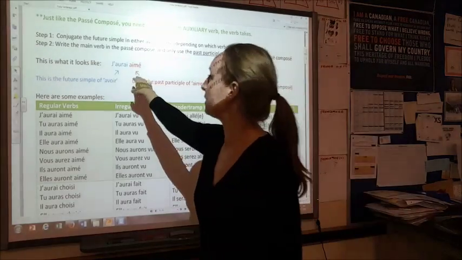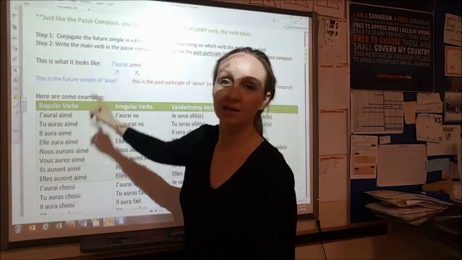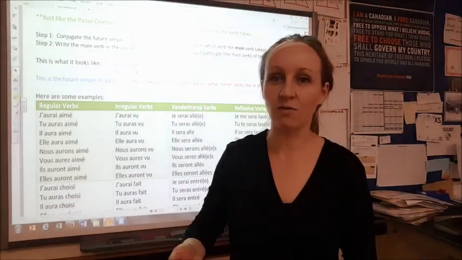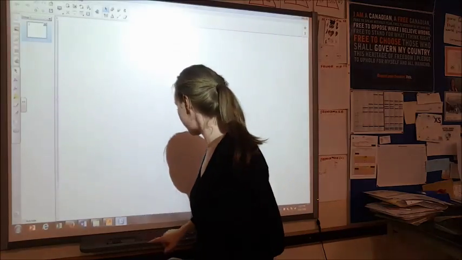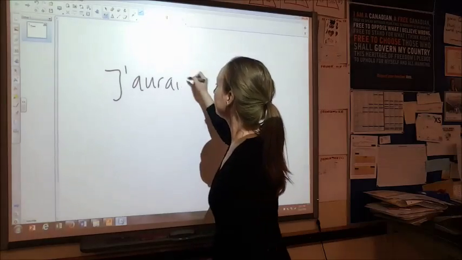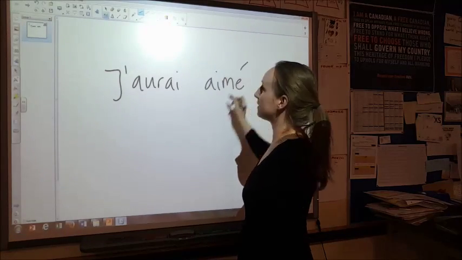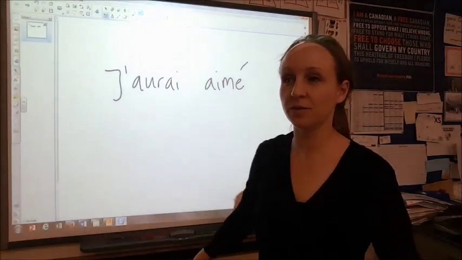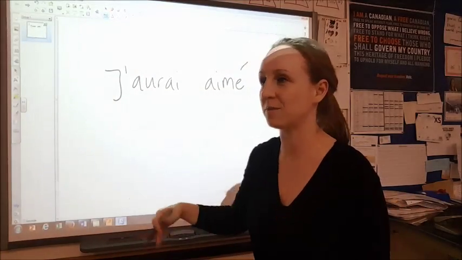So the very first one, this is j'aurais, and you can see the ending, the ai, that is just from the present tense of the verb avoir. Let me show you this, because this is kind of nuts. So it's j'aurais aimé, and this is I will have liked. So I will have liked the movie by the time it finished. It's stupid, but whatever.